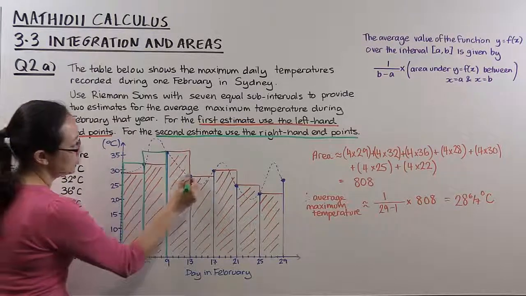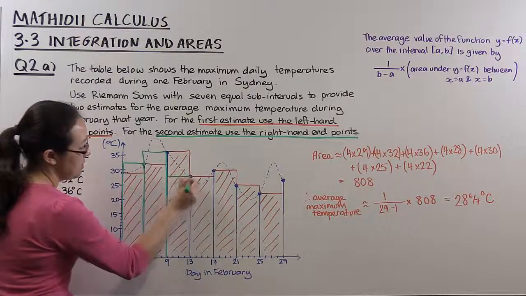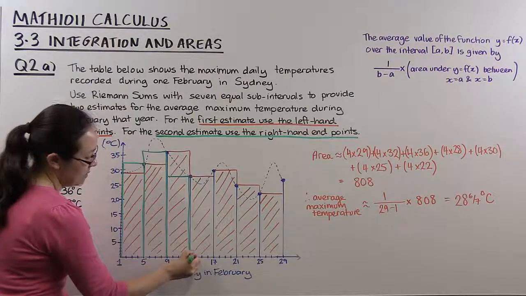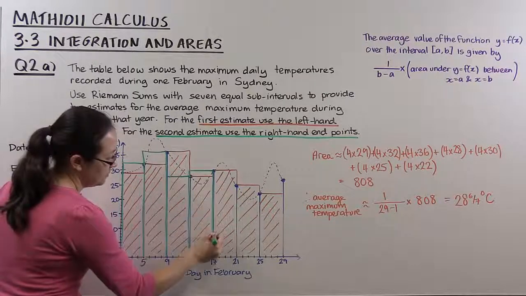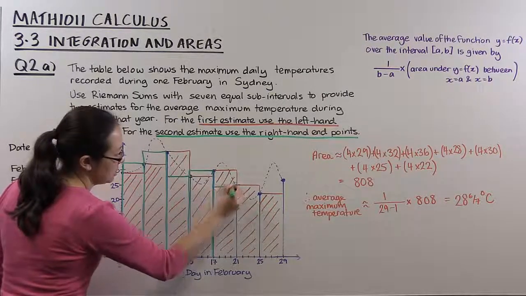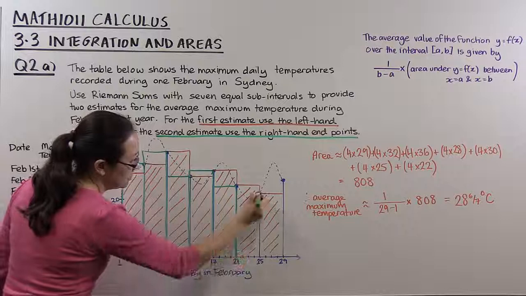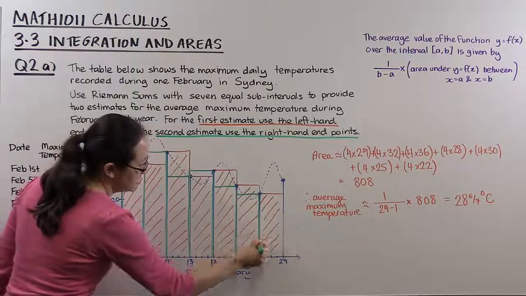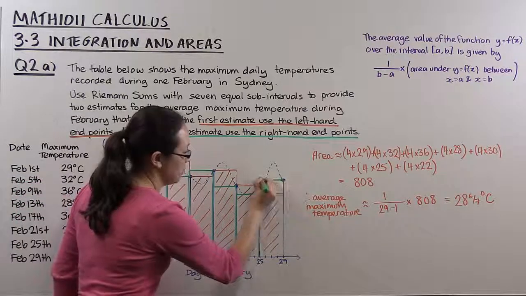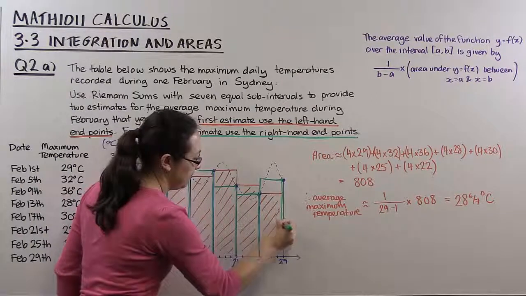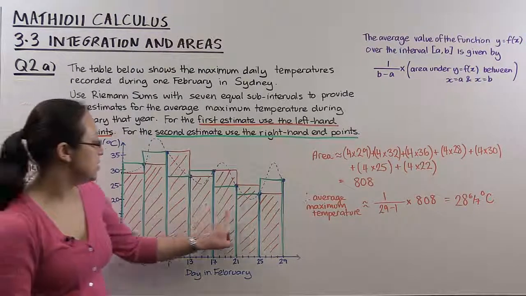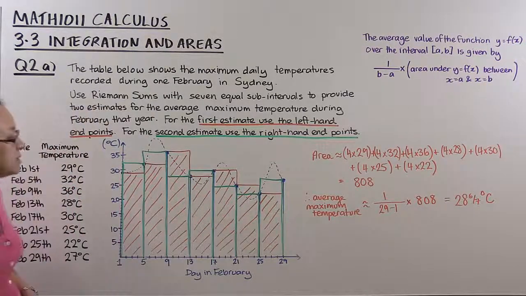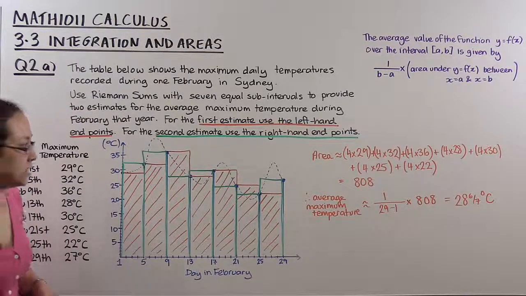In the third strip, the rightmost endpoint is here. In the fourth strip, and so on for the rest, the rightmost endpoint. Okay, so as our second estimate, we'll be using the areas under these green rectangles, and that will be my Riemann sum, estimating the area under that graph.